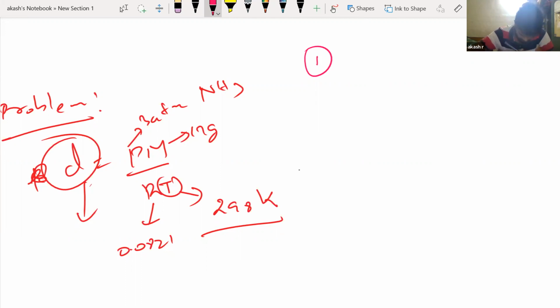I'll repeat the question: if 500 ml of a gas is compressed by increasing pressure by 10%, they're asking you to find the final volume. Go for it.